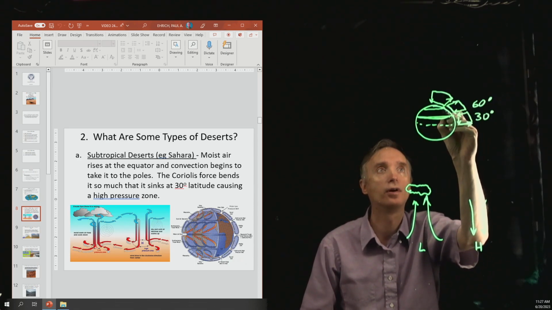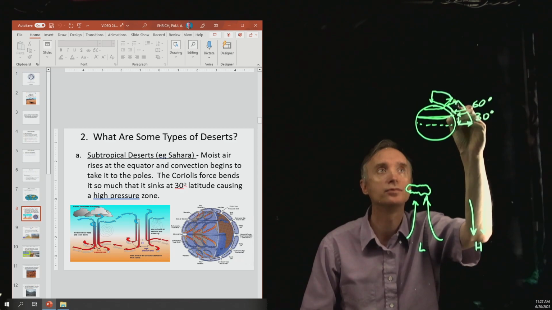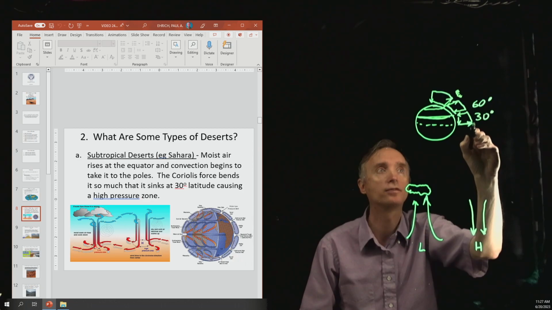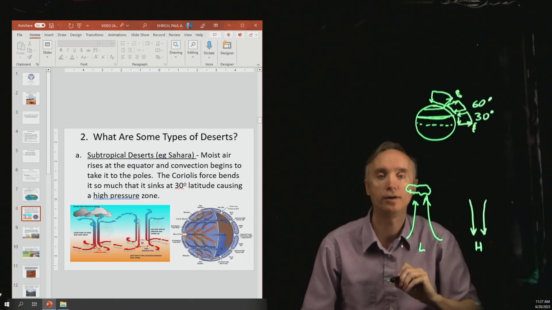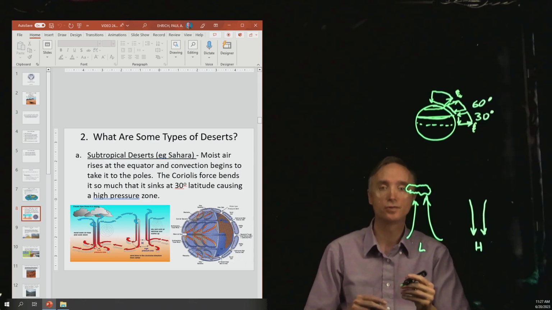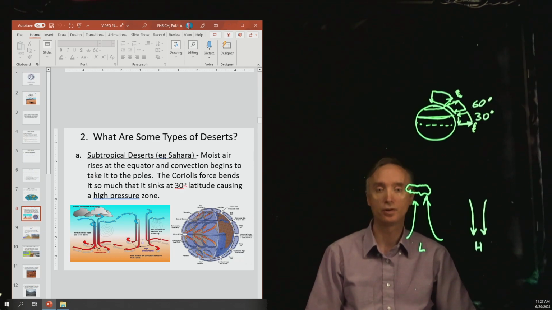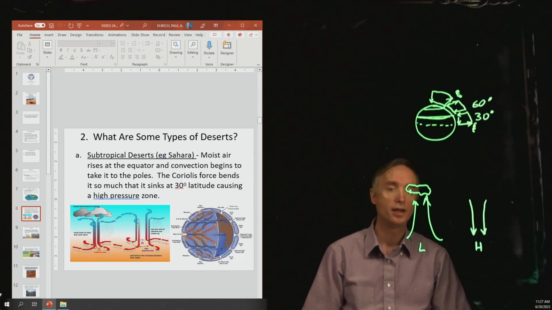Right here, though, air is going up, so you will have clouds located right here, and you will have clouds located at the equator. So this is one reason why deserts tend to form. It has to do with the global wind systems and areas of natural high pressure and low pressure.